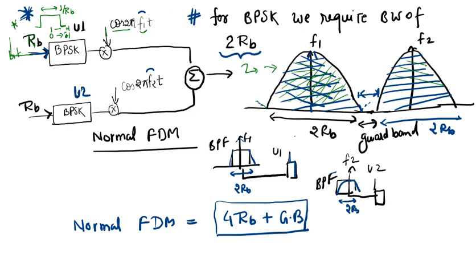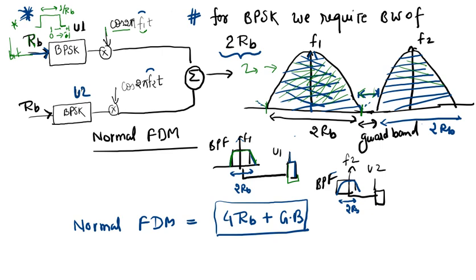So the bandwidth of each is 2 RB, and in between we put some guard band, so that when we extract the information for user 1 and user 2 respectively, they will not interfere with each other. We remember the band pass filter which we apply at U1 will never have such sharp transitions, so we will put some guard band.